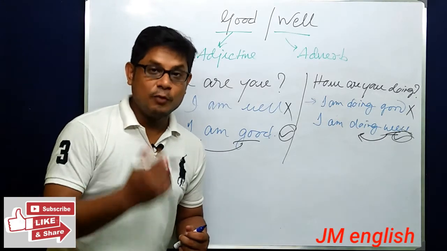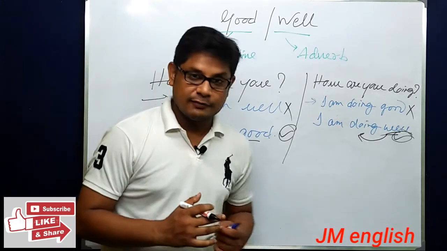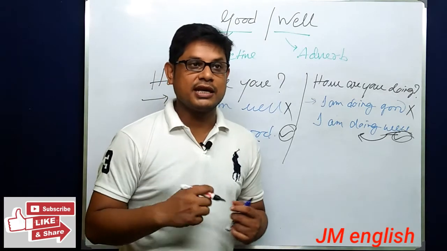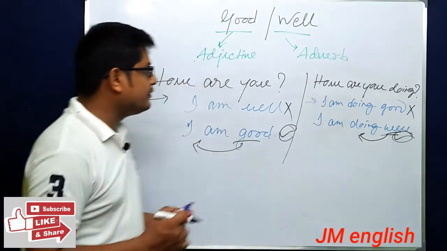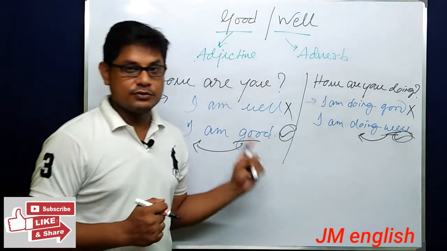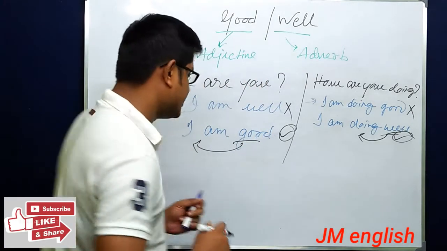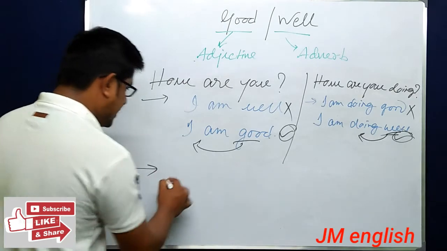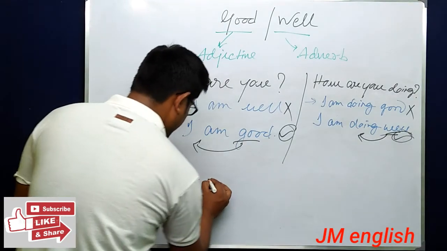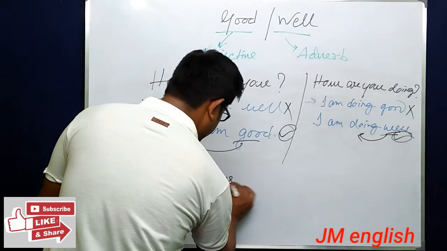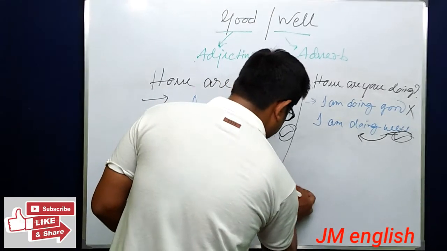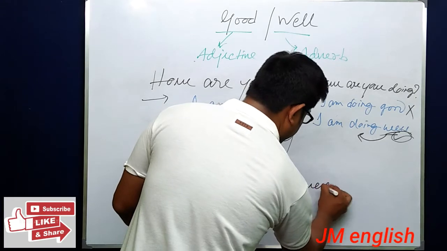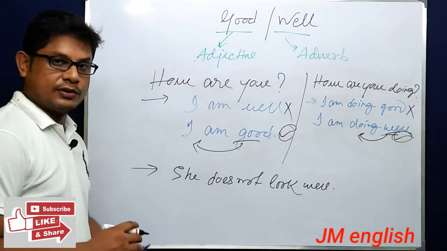Now let me give you some more examples. Whenever you give any answer related to your health, then obviously use well. Don't use good. Let me give you an example. Suppose you say, she does not look well.